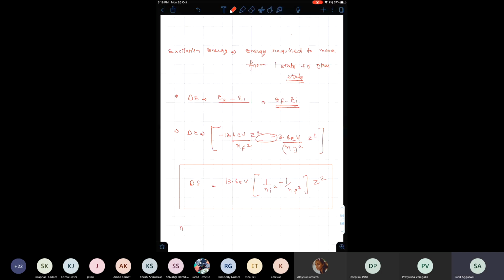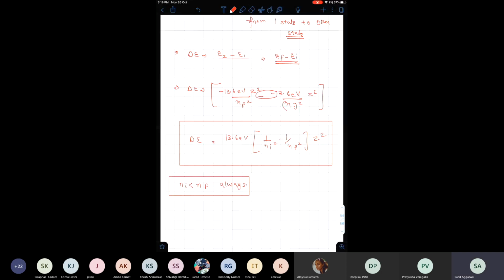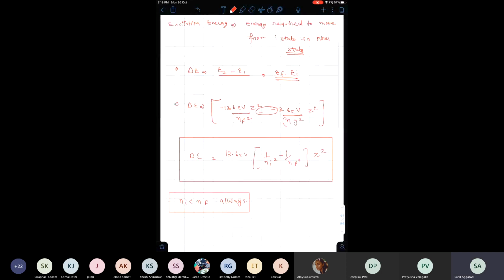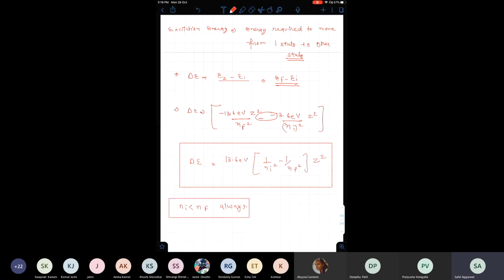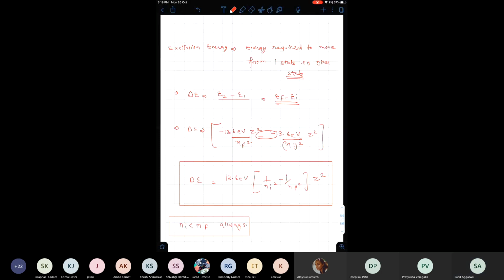Now n initial should be lower than n final always. Then only you will get positive value. नहीं तो negative value आ जाएगी. N initial should be lesser than n final always. Your delta E will come out to be positive. All of you understood this?